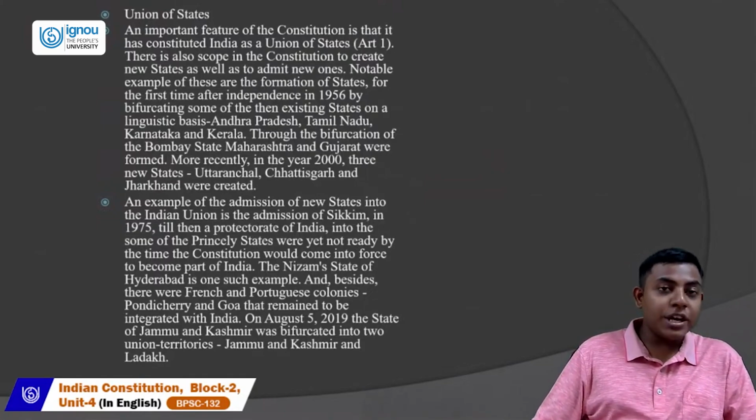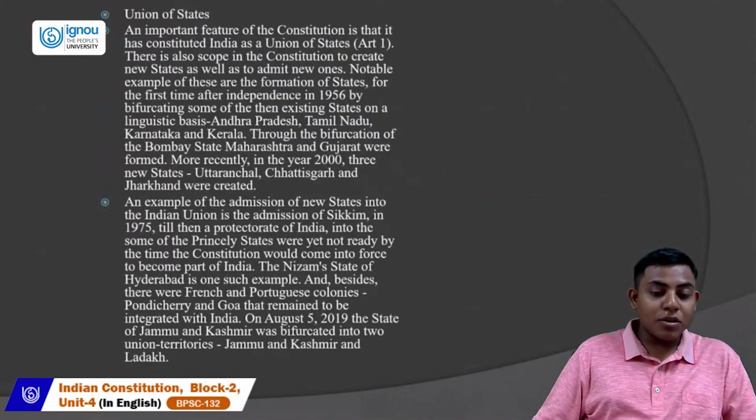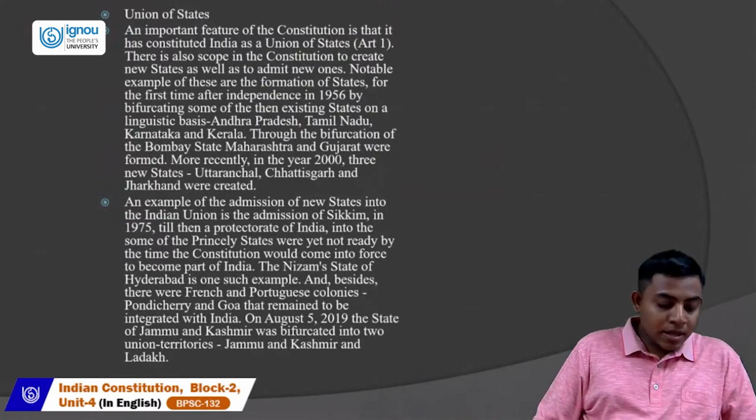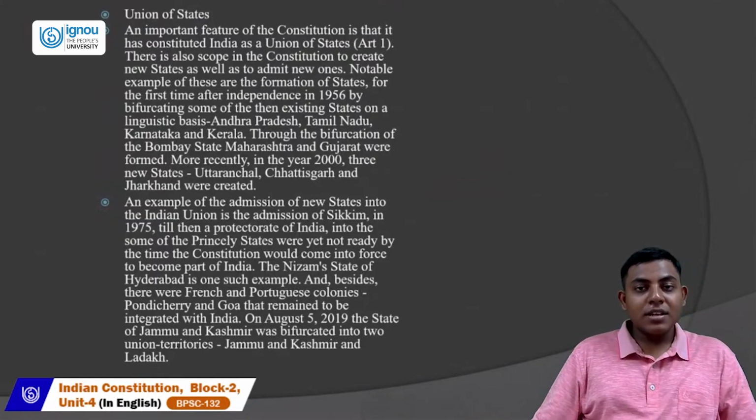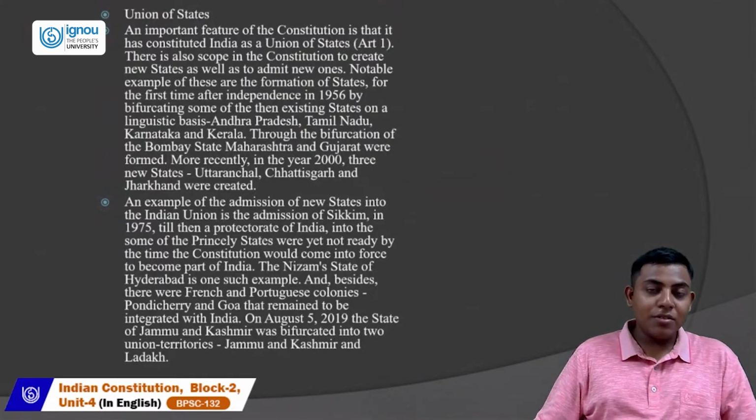Then Puducherry was admitted into the union from the French, and Goa and Dadra Nagar Haveli and Daman and Diu were admitted to the union from the Portuguese. And recently, if we talk about bifurcation of states, the state of Jammu and Kashmir was bifurcated to create the Union Territory of Ladakh and the Union Territory of Jammu and Kashmir.